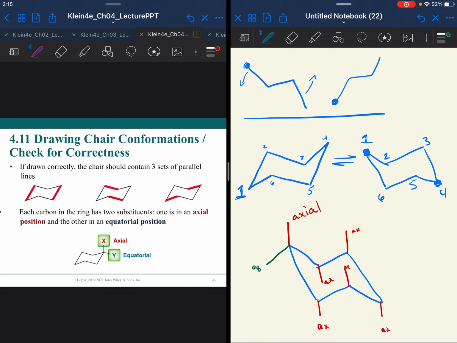Now, if you have down equatorial, then next to it's going to be up equatorial. Down equatorial, up equatorial, down equatorial, up equatorial. All right? So, again, as long as you can get one laid down, you can get the rest because they alternate. Every single atom on the ring has an up and a down, an axial and an equatorial. And the axial and equatorials alternate, whether they are up or down. It's like what side of the ring they're on.